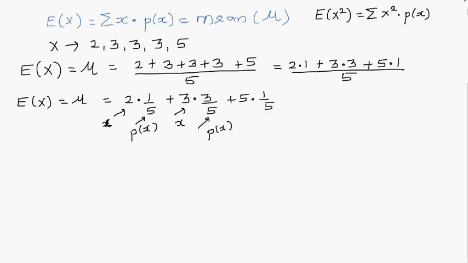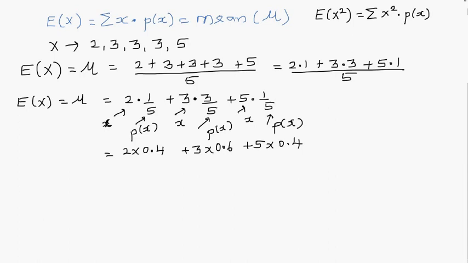So what does this number mean? This means the probability of getting 3 in this experiment was 3/5. Again, this is x and this is probability of x. Okay, so that is this formula. So what are we doing? We are basically multiplying the x with the probability and then adding them up. So this is the same as saying 2 times 1/5 is 0.4, plus 3 times 0.6 plus 5 times 0.4.